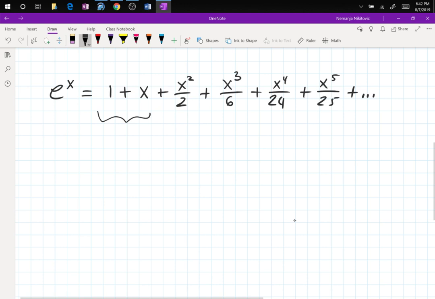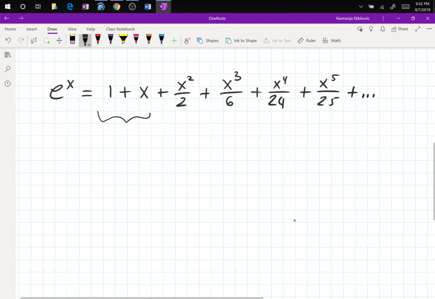The more terms I add, the longer this polynomial line is going to be matched on top of the red line, which is the exponential function. Which is why we can transform the function from e to the x into this polynomial. And now you wonder, what is the precision that you want?